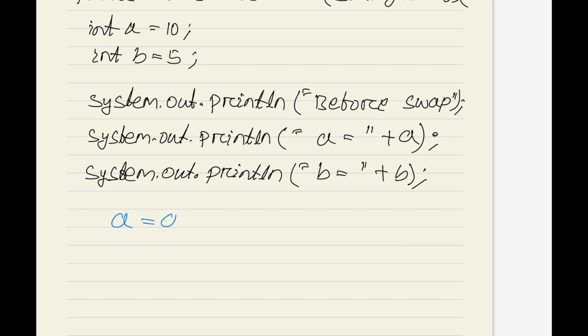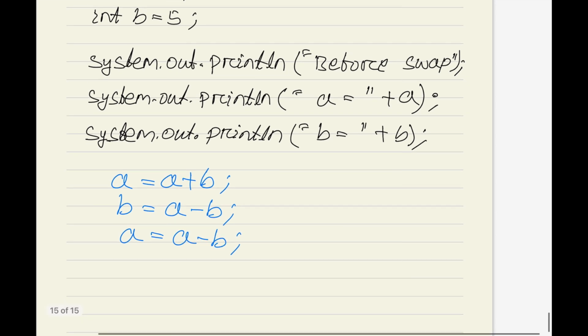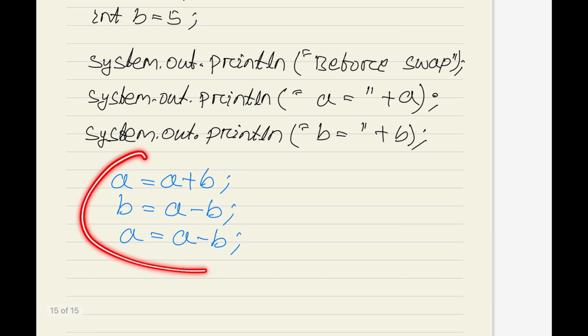A equal to A plus B, then B equal to A minus B, then A equal to A minus B. So in this way we have exchanged the values of A and B without using any other variable C. Now we want to print the values of A and B.